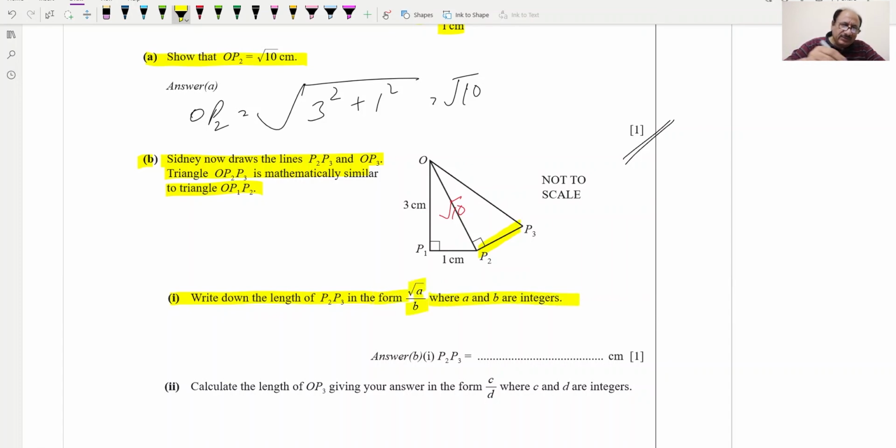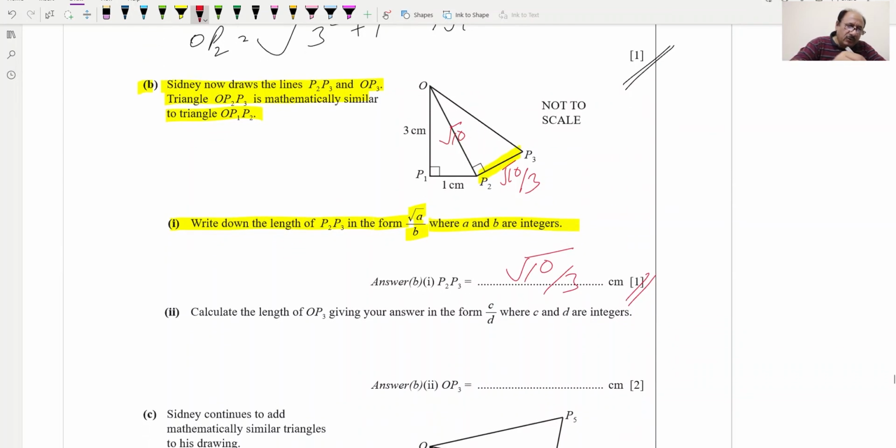So 3 is changing to root 3, so 1 will be changing to root 10 over root 3. So we can write root 10 over 3 as our answer, and this is a 1-mark part which we have done.